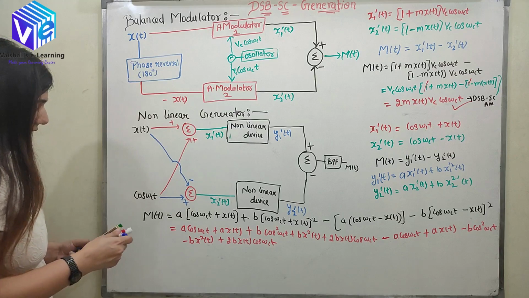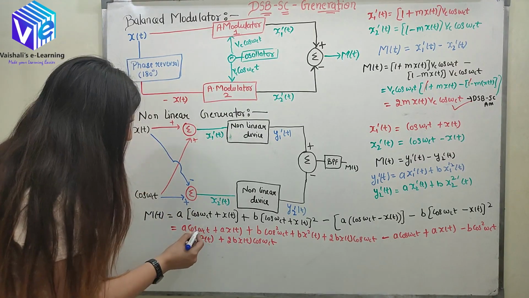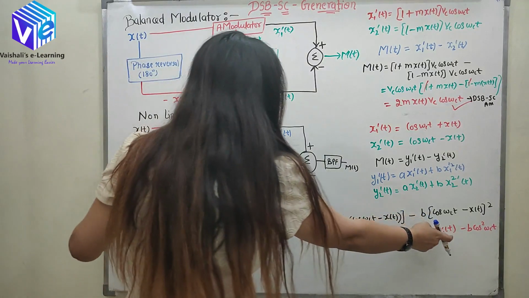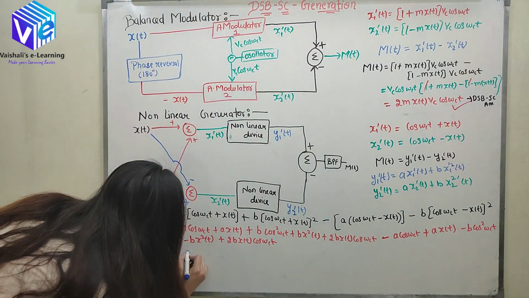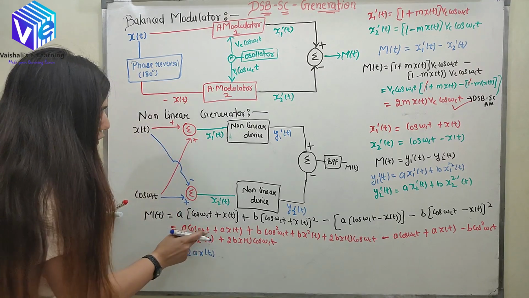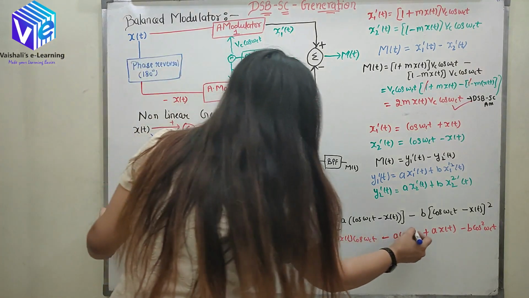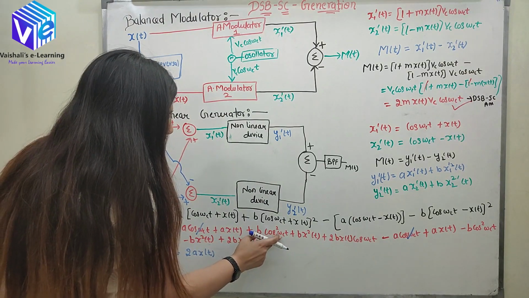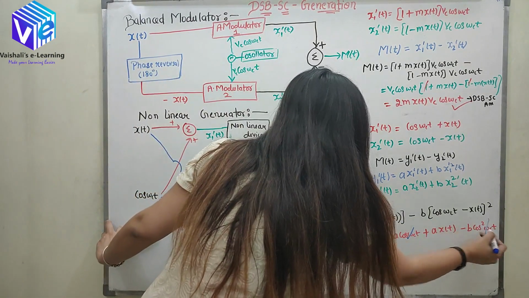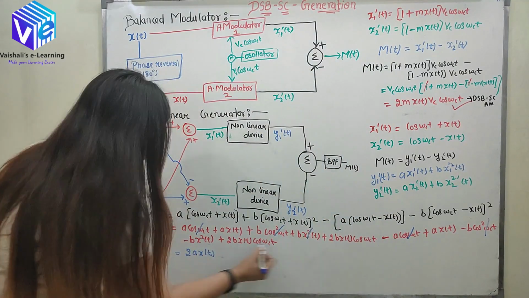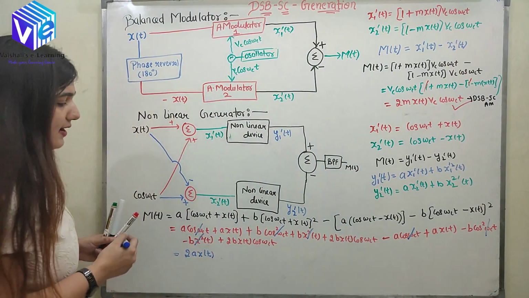So now I'll just delete all the values. So a of x(t) plus a of x(t) would give me 2a of x(t). After that, a cos omega ct is cancelled by minus a cos omega ct. b cos square omega ct is cancelled out by minus b cos square omega ct. b x square t is cancelled out by minus b x square t.